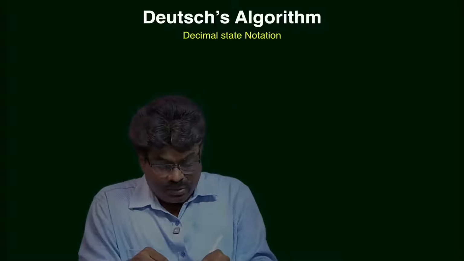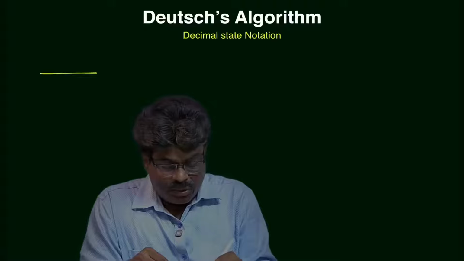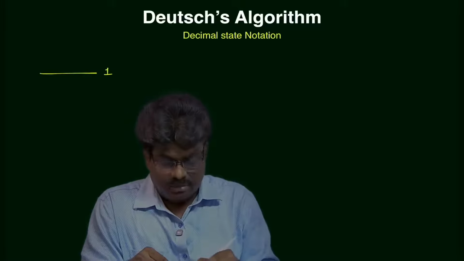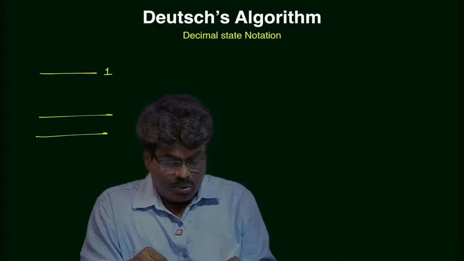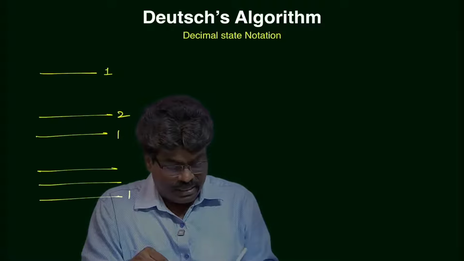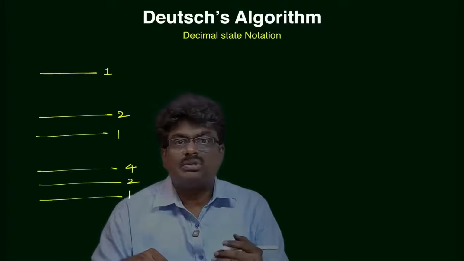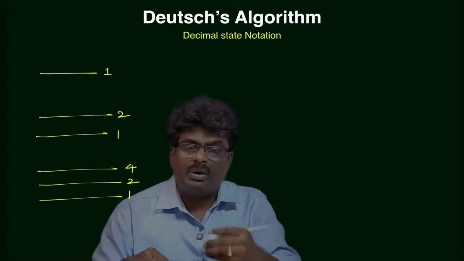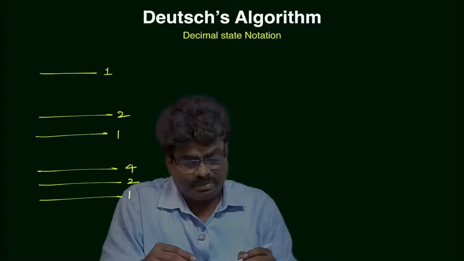Here, if you have one qubit state, you have to take 1, and if you have two qubit states, you need to take 1 2. If 3 qubit states are there, 1 2 4, like this. That means 2 power 0 to 2 power n, you have to take the decimal values.